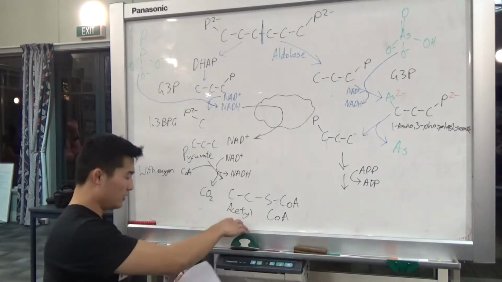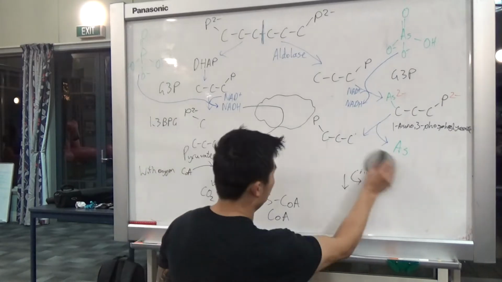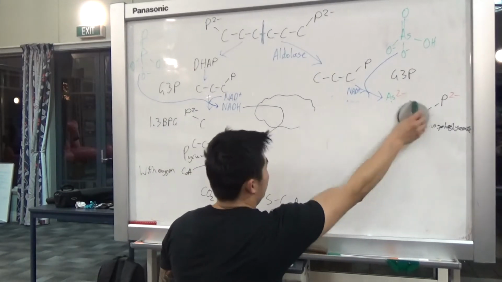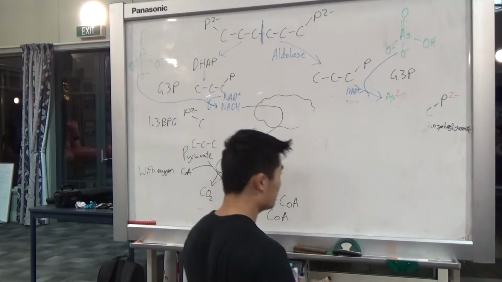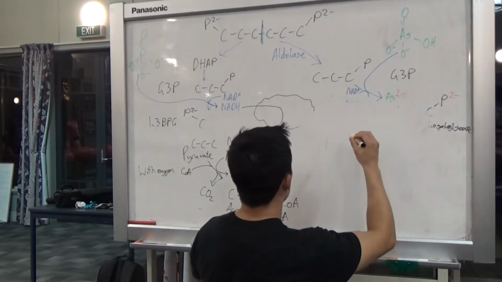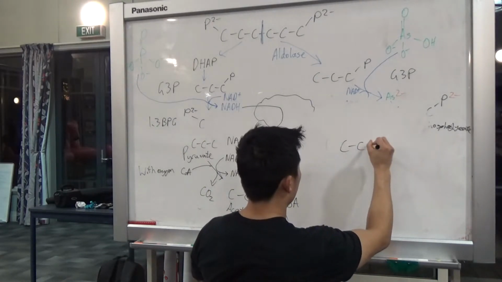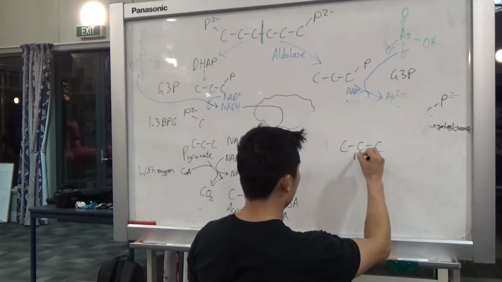And then on the right side, let's draw what happens if you don't have oxygen. So you have pyruvate, which is a 3-carbon molecule.